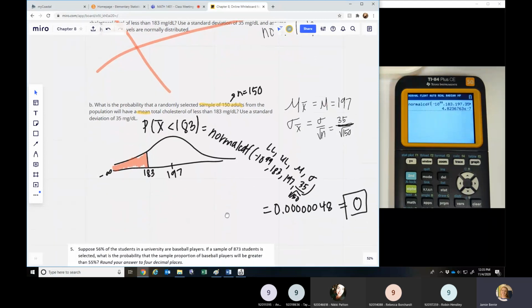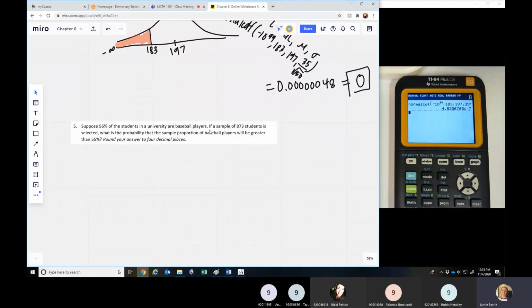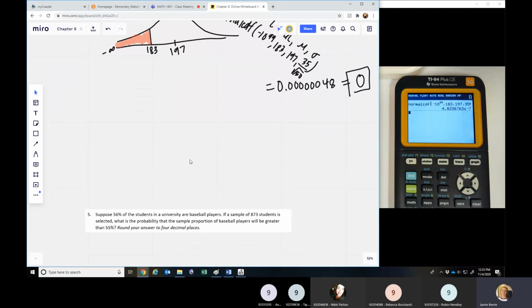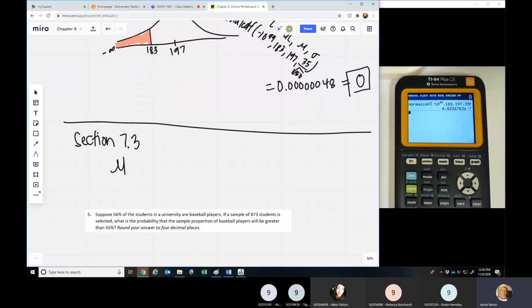All right, so moving on to section 7.3, I think the only question that I had come in from this section was about plugging stuff in the calculator. The formula for the standard deviation here is kind of long, if you guys remember. Section 7.3 was called the central limit theorem with proportions. And these were the 2 new formulas that we got.